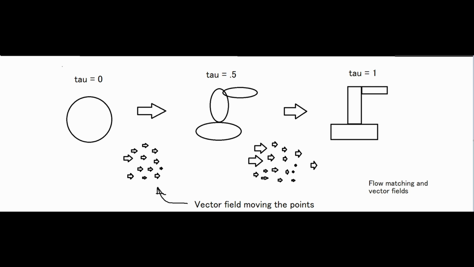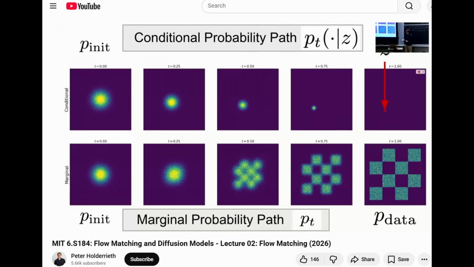So now we have a noisy action chunk, and the noise here corresponds to how far along tau we are in the transforming process. If tau is 0, the noisy action chunk should be fully Gaussian. There's no original signal left. If tau is 1, it should just be the ground truth action chunk. And between those two extremes should be an interpolation of the two. Here's an example from the MIT class showing this for a variety of points.